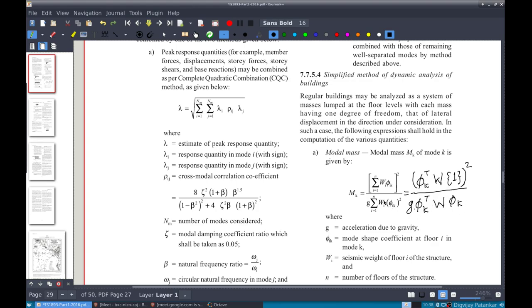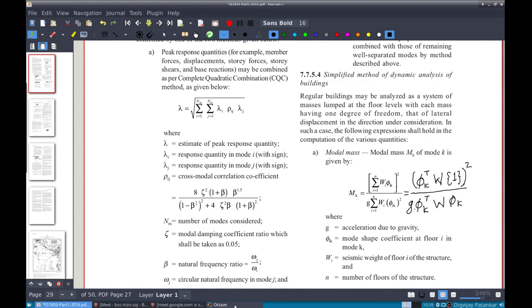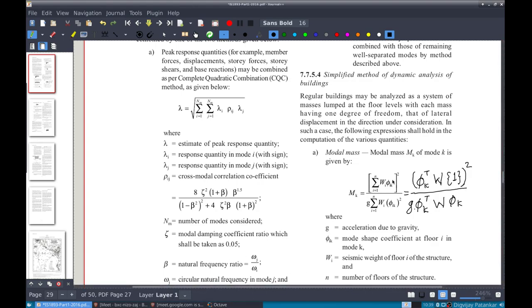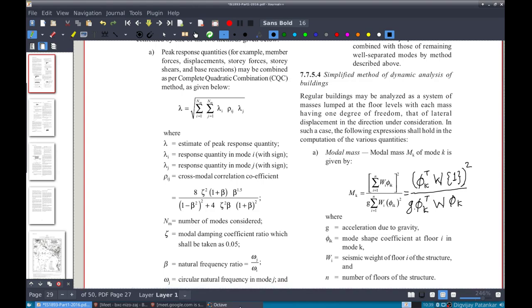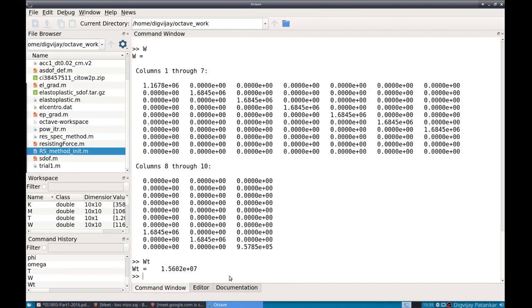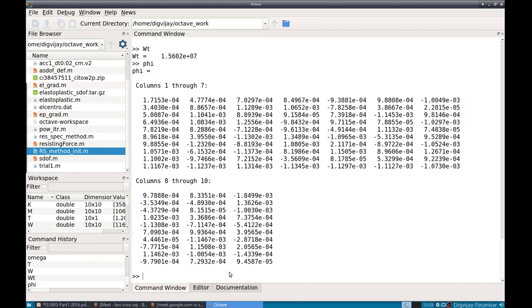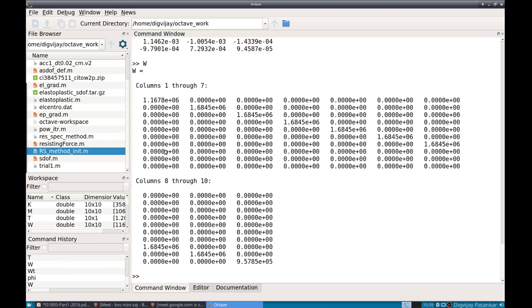So find out the first modal mass in Octave using this expression or this expression. We already have phi. The first column of phi is what we are interested in, and of course we also have the weight matrix.